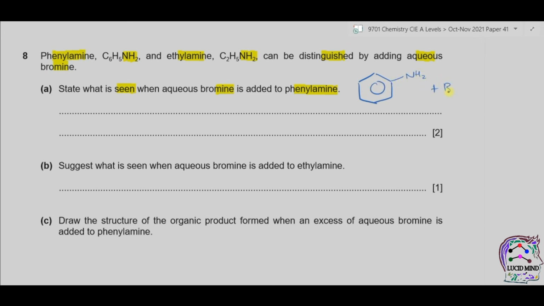When bromine is added, it will get attached at the 2, 4 and 6 positions, and therefore bromine is decolorized. While no such reaction takes place in ethylamine. And the product that was formed at the 2, 4 and 6 positions is a white precipitate.